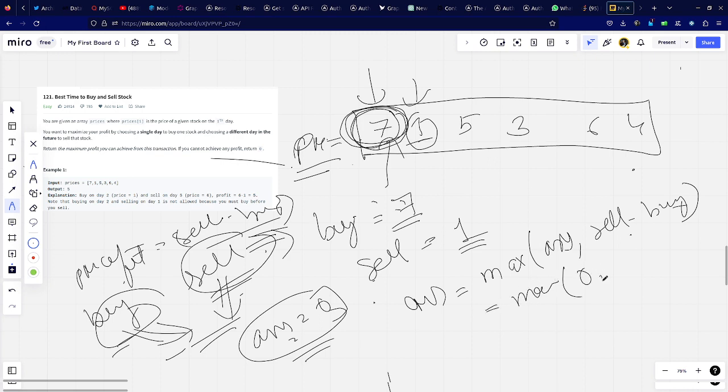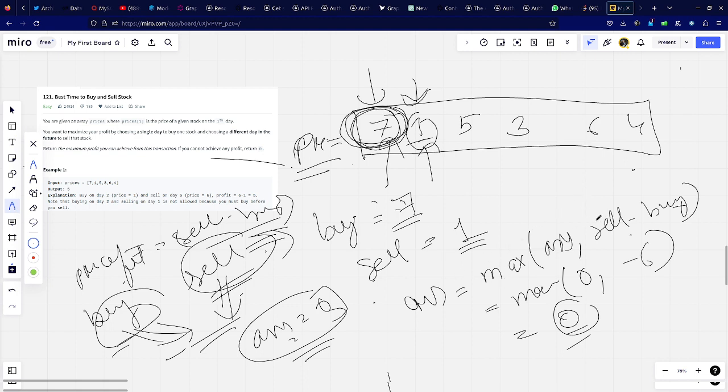Answer is initially 0, and this will be 1 minus 7, which is minus 6. So it will be 0, because if we buy at this first index and sell at this second index, then we will be facing a loss. Okay, so that we don't want to do.